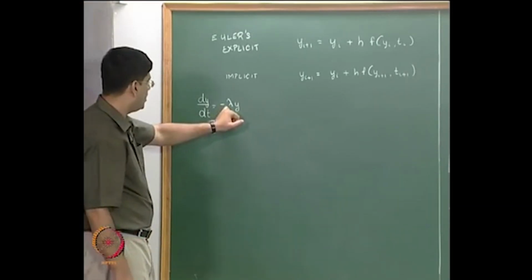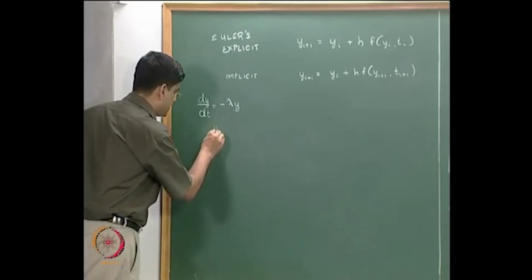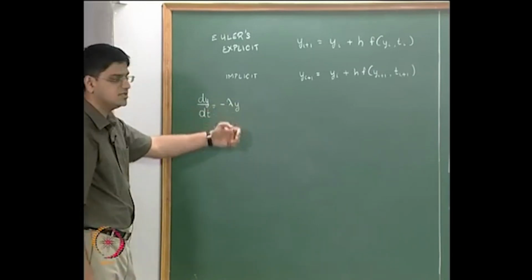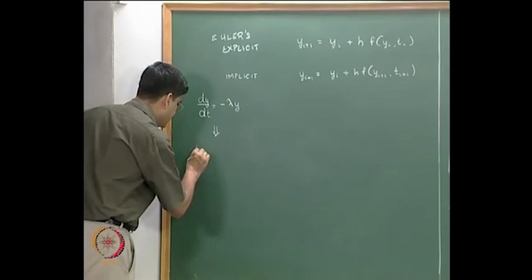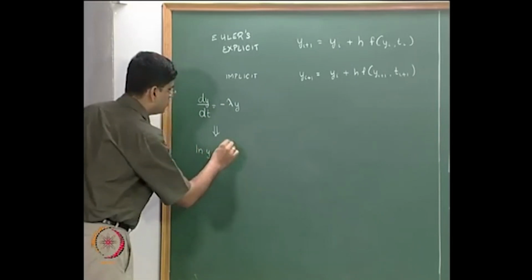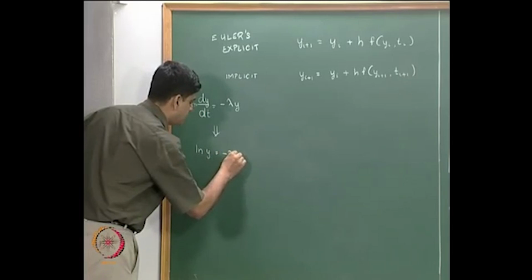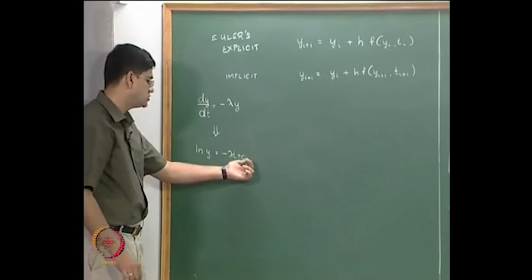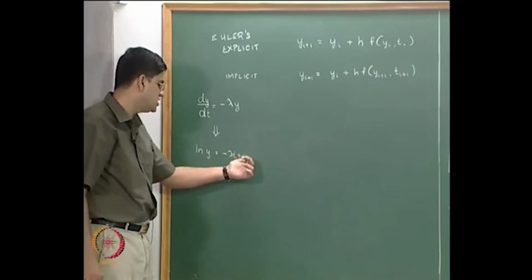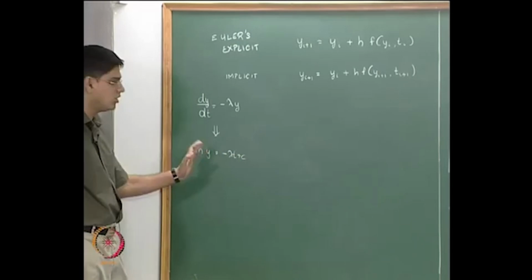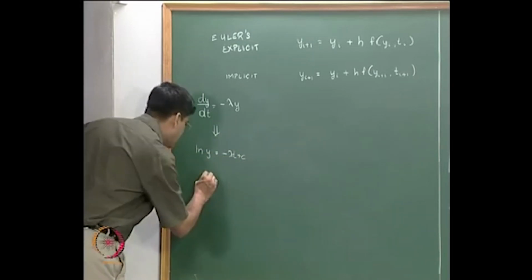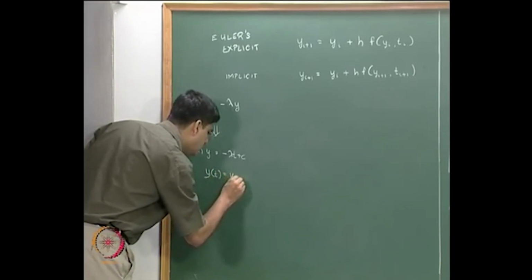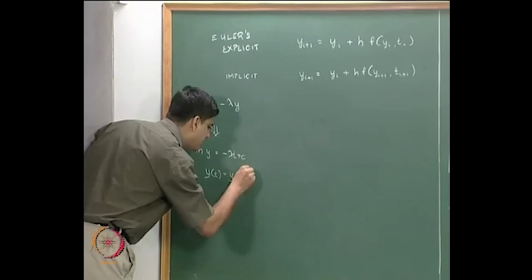Now if we want to solve this equation analytically, we divide throughout by y, take dt on the other side and integrate, and we will get ln of y equal to minus lambda t plus constant c. At t equal to 0 we have y equal to y0, so the constant c is going to be equal to ln of y0. We rearrange this and we get y at any time t equal to y0 e to the power minus lambda t.